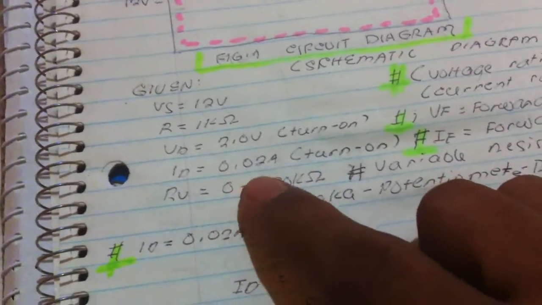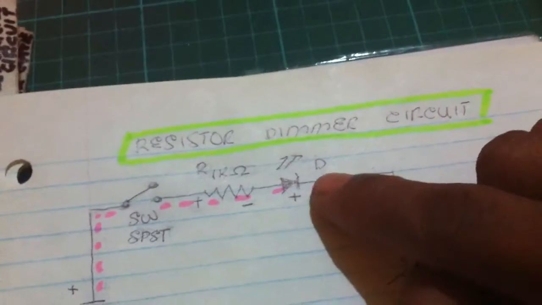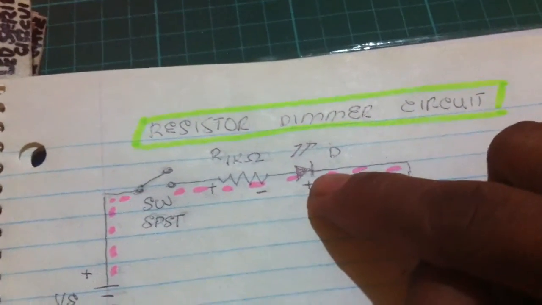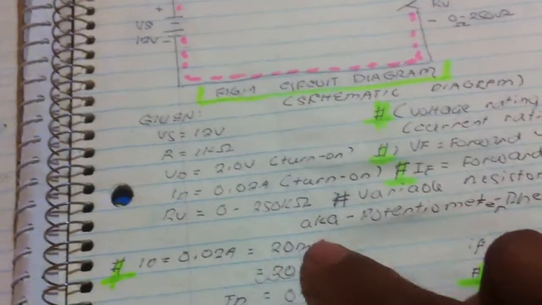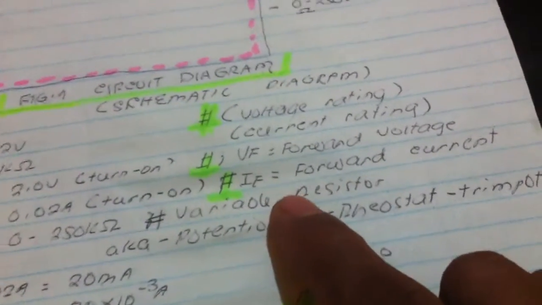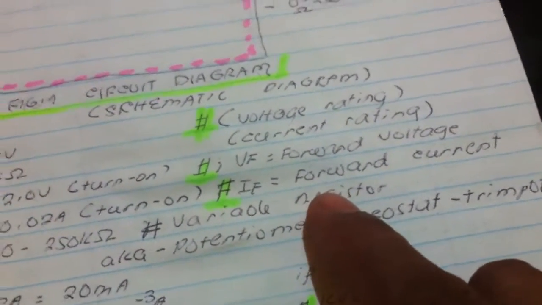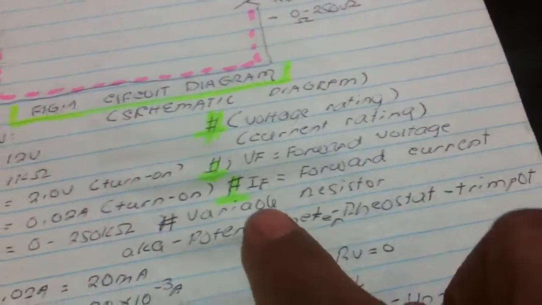Here 0.02 ampere is the turn on current of the LED. It means in order to turn on the LED, you need 2 volts here and a current of 0.02 ampere. That is the current rating of the LED, and sometimes people use the term forward current rating of the LED, IF.